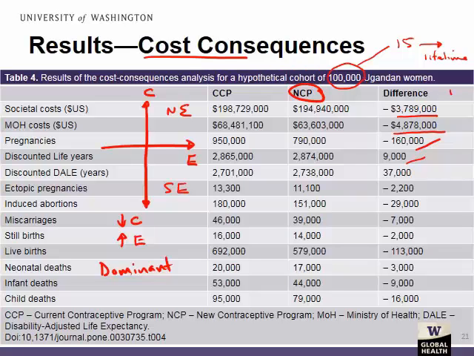So our conclusion was that the new contraceptive program, in fact, is cost effective, and in fact it is cost saving because it saves money. It's cost saving because it both reduces cost and there's an increase in benefits. So these were the results of this study.